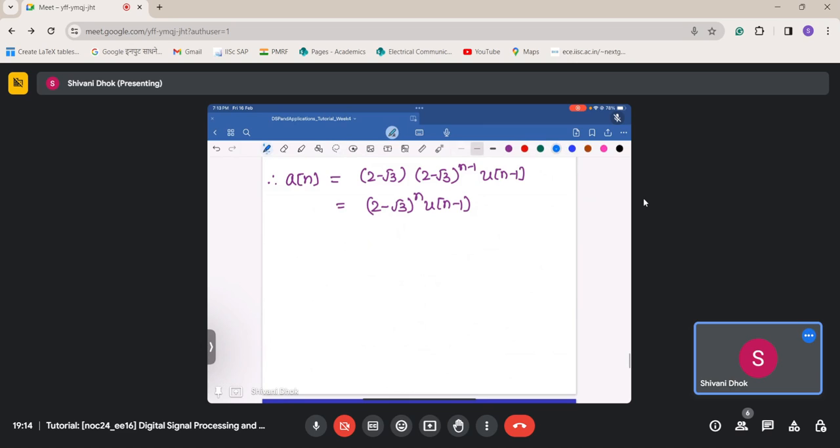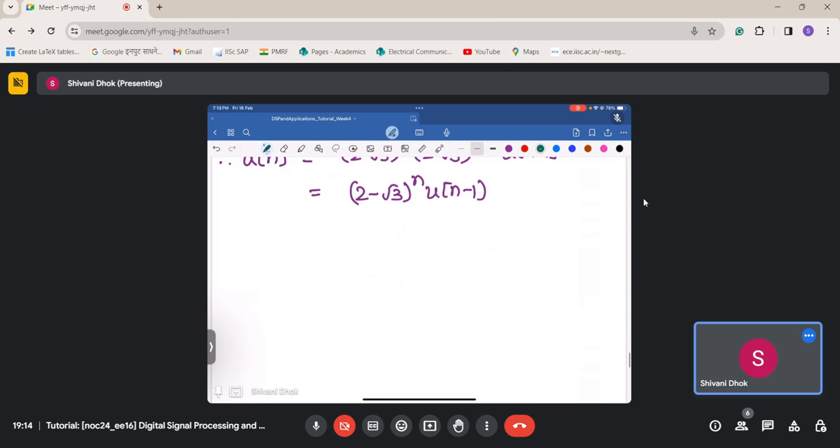So consider now minus b of omega. So this will have DTFT as minus b of n.